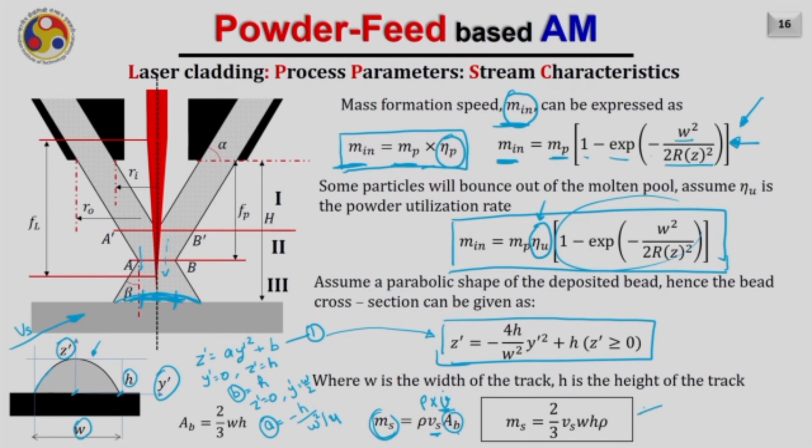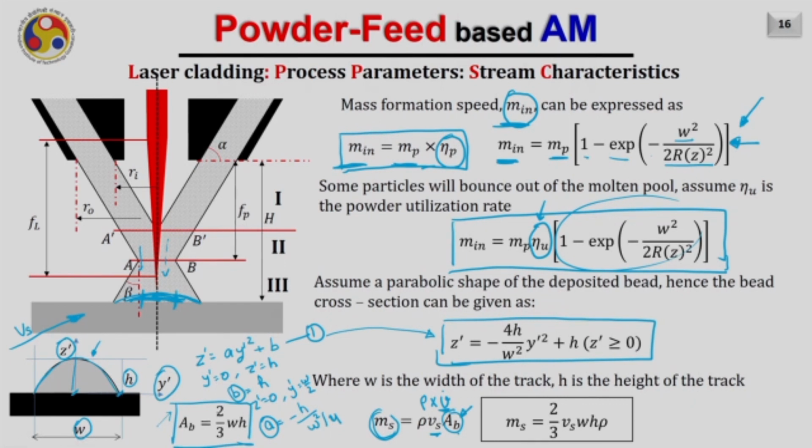Now here I need the value of AB. AB will be nothing but the area under this parabola, and we know that it is equal to 2 by 3 WH. If any of you have any doubt related to this area, you can just integrate it, the area under this curve. It is very simple, you can just do the double integration here to find the area under the curve.